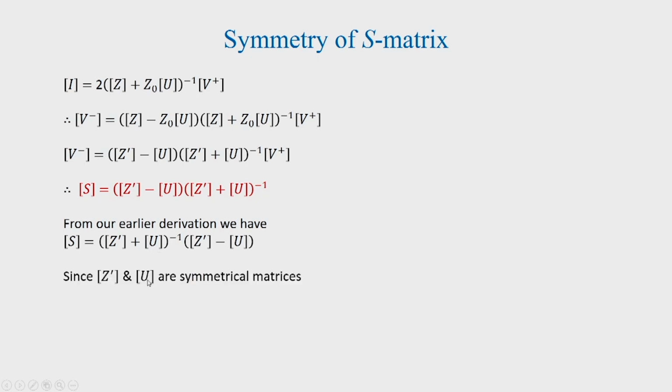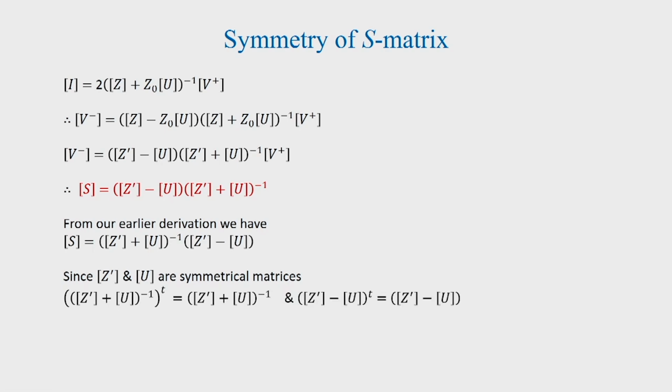Now, since Z dash and u, these two matrices are symmetrical, if you take the transpose of this, then we can find S is equal to S transpose, because once you take the transpose of this matrix, this inverse transpose will be same as the inverse for a symmetric matrix, and (Z dash minus u) transpose will be equal to Z dash minus u.